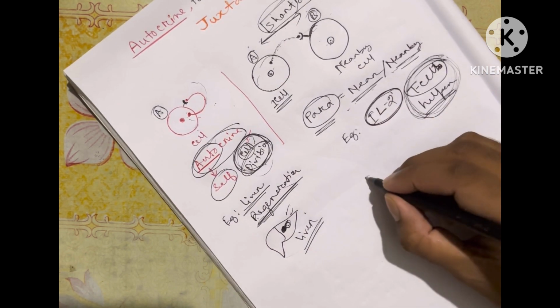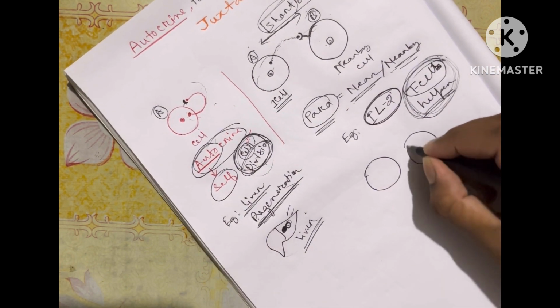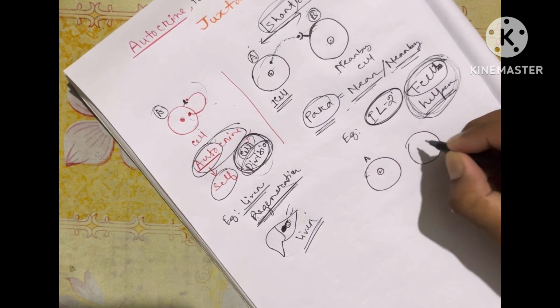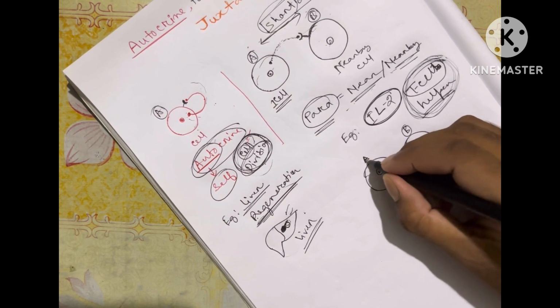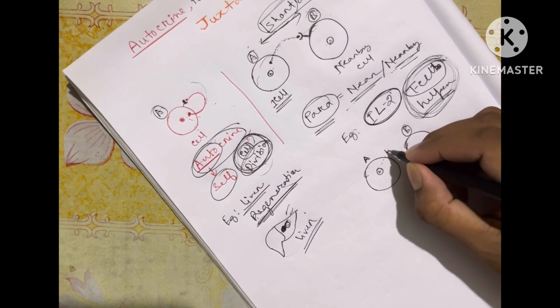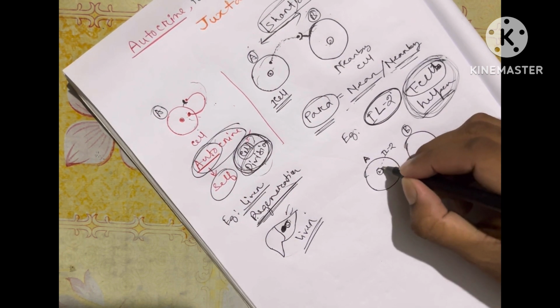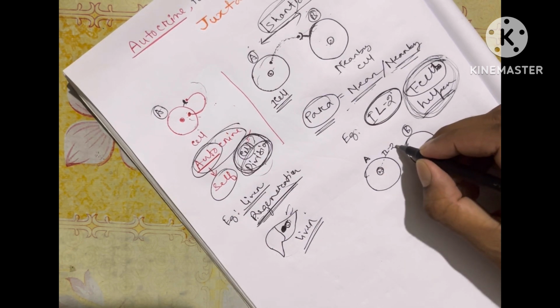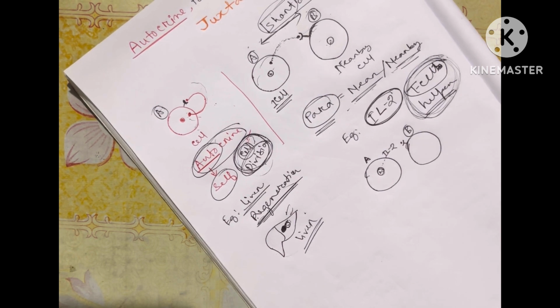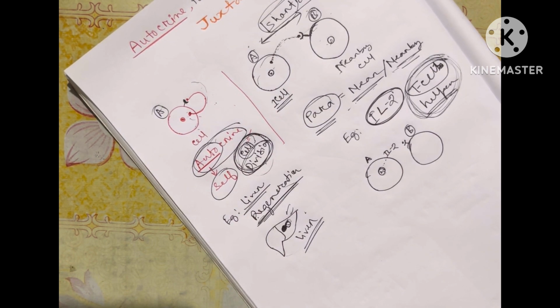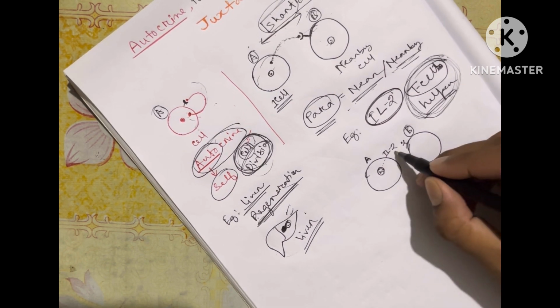When a particular virus or bacteria attacks cell number 1, then it will send that particular signal, that interleukin 2 from cell A, and that particular interleukin will go and bind with cell B. So that's why this signaling is called paracrine signaling.